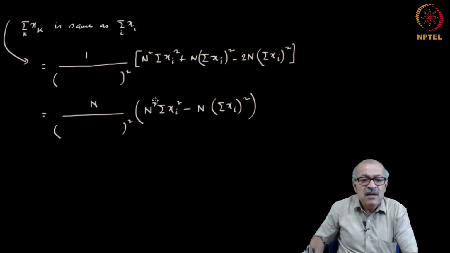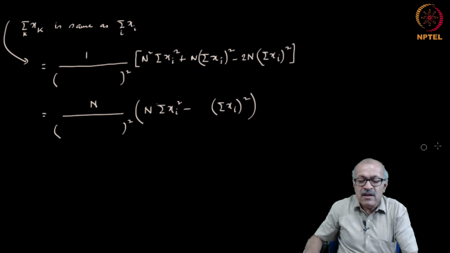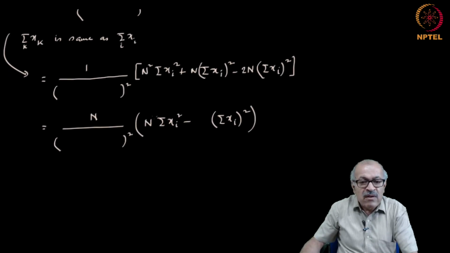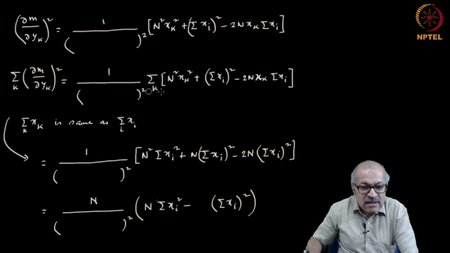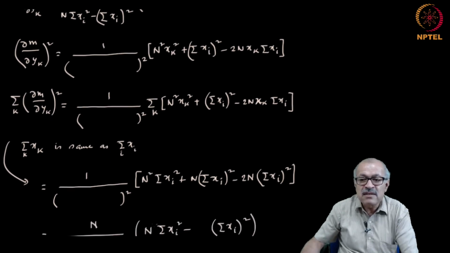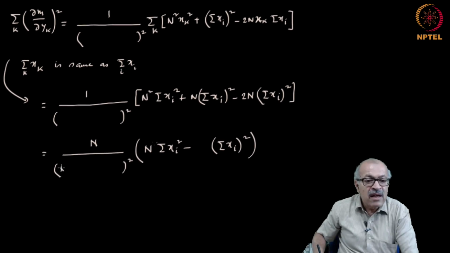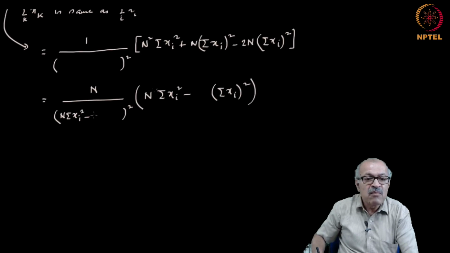So what was in this bracket? n sigma xi square minus sigma xi whole square.